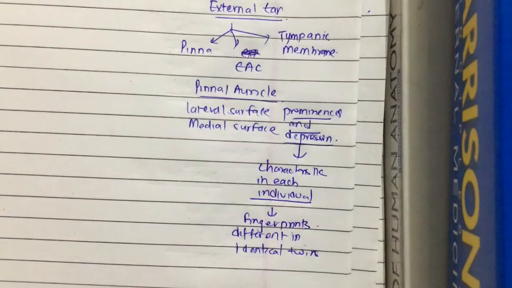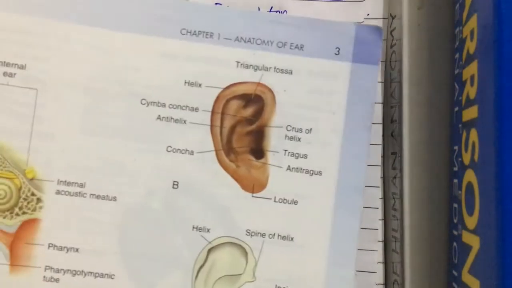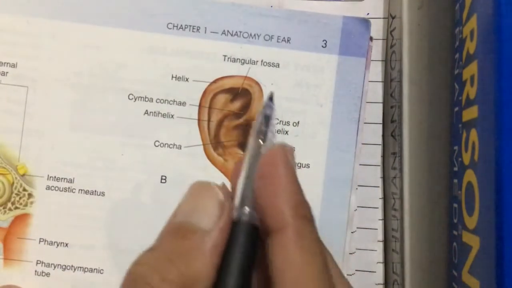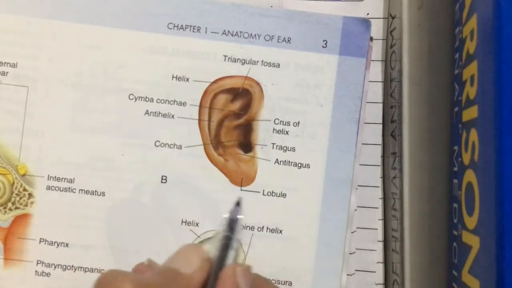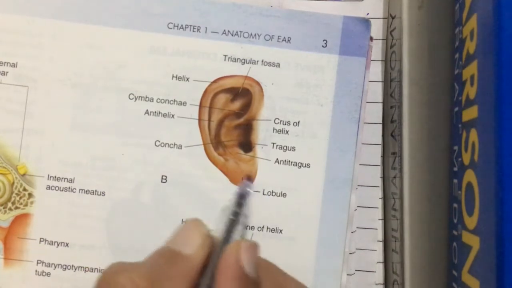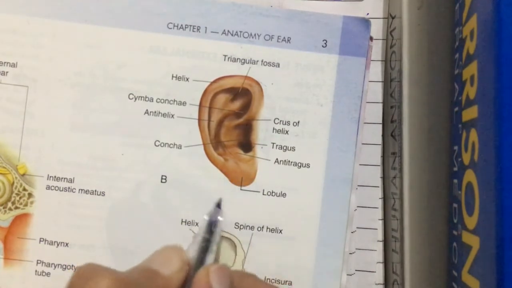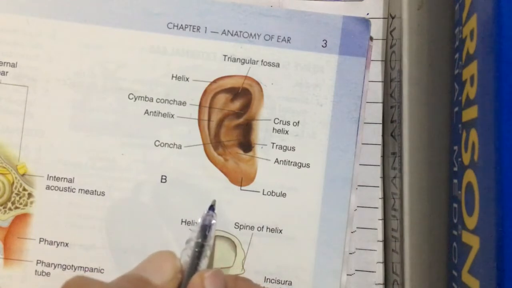Now all of these are supported by a single elastic cartilage except the lobule. The lobule is not a cartilaginous framework; it is made up of fat.